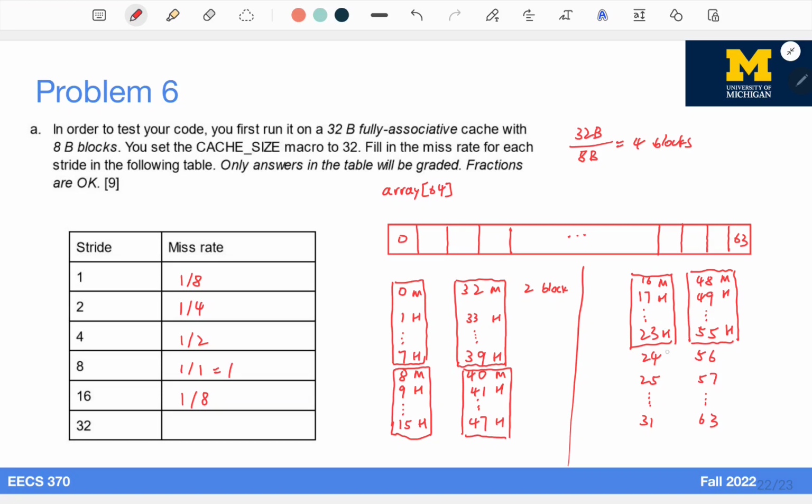Finally, we will have a cache miss for 24 and 56, combined with 7 other cache hits within the same cache block. So as you can see, we still have exactly 1 miss in every cache block, combined with 7 other cache hits. So the miss rate for stride equals 32 is still 1/8.